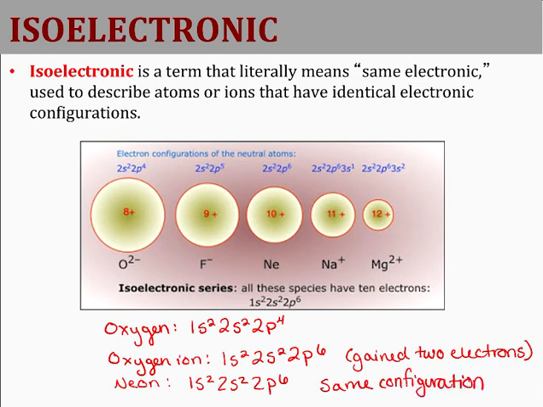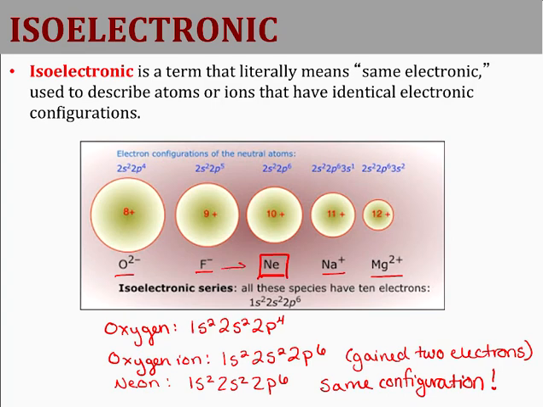So the oxygen ion and neon have the same configuration. And that's the same for fluorine, the fluorine ion, the sodium ion, the magnesium ion, and then the oxygen ion, which we just covered. They all have the same electron configuration as neon.